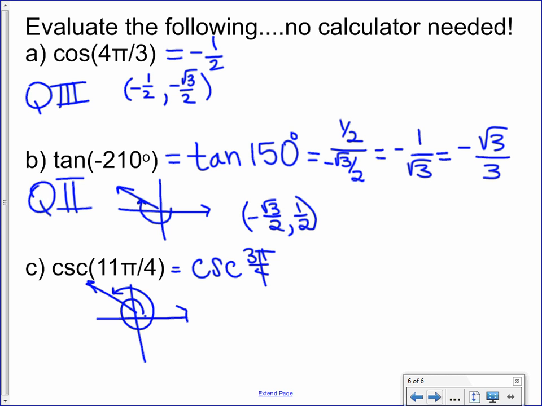What's our coordinate on the unit circle? And x is negative, correct? Cosecant is the reciprocal of sine. So when we take the reciprocal of radical 2 over 2, we get radical 2.